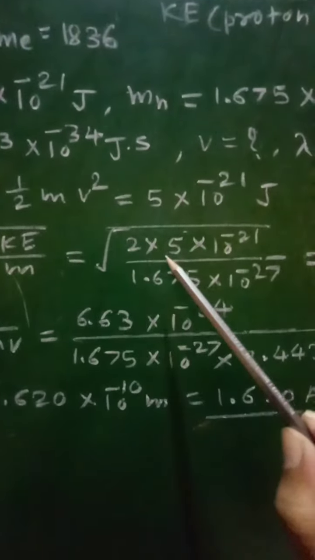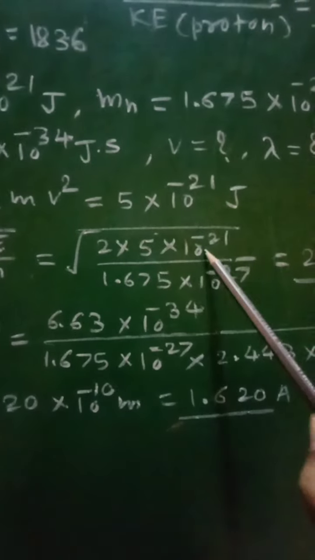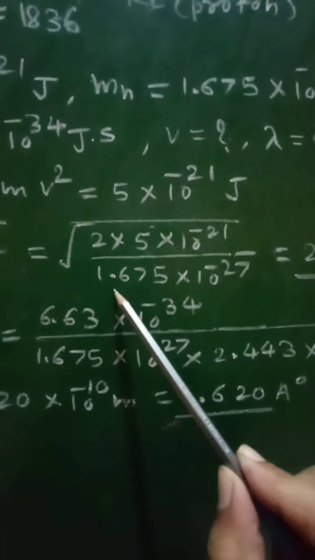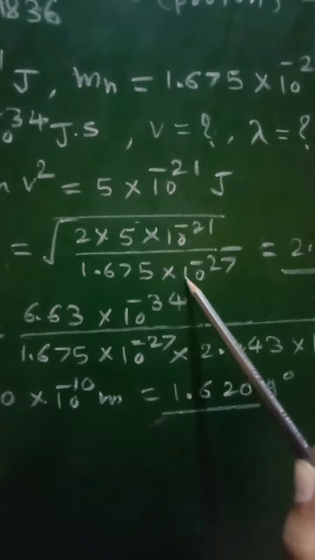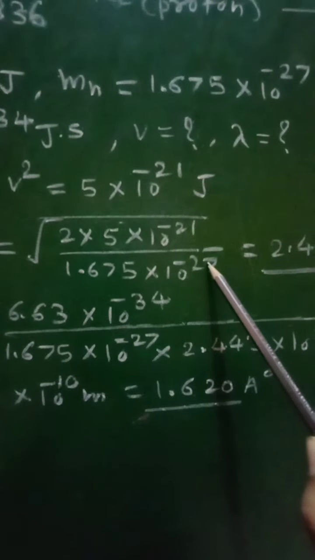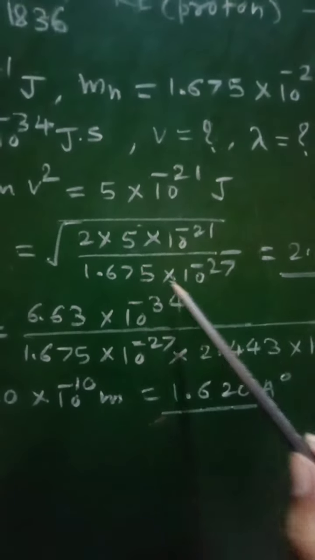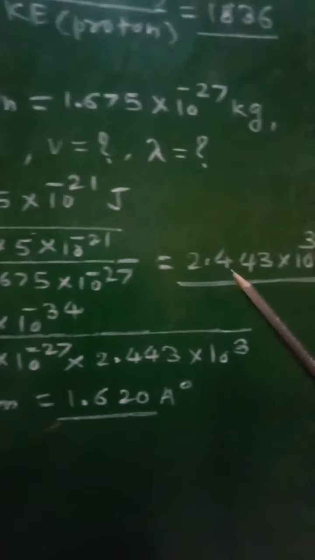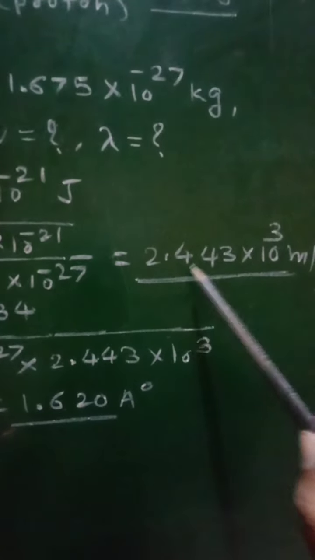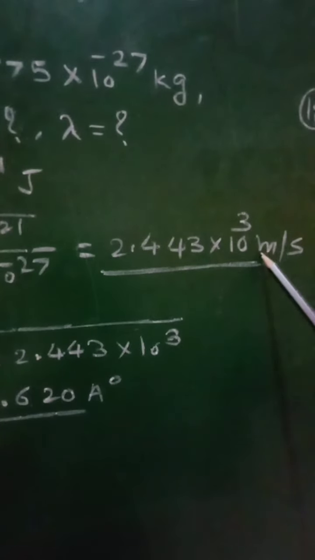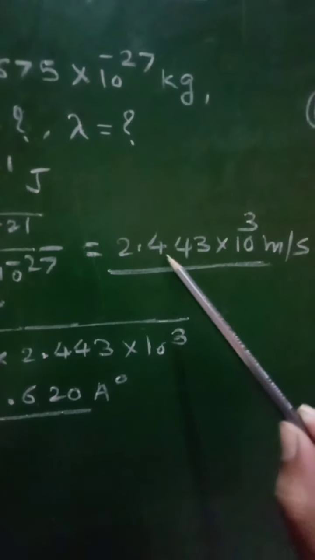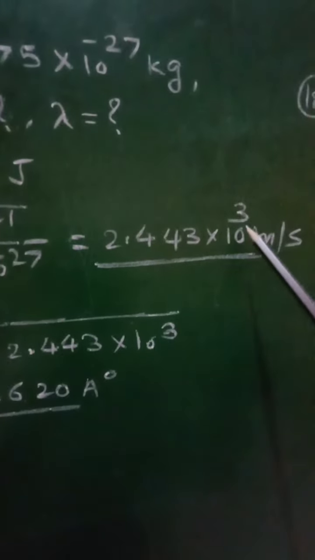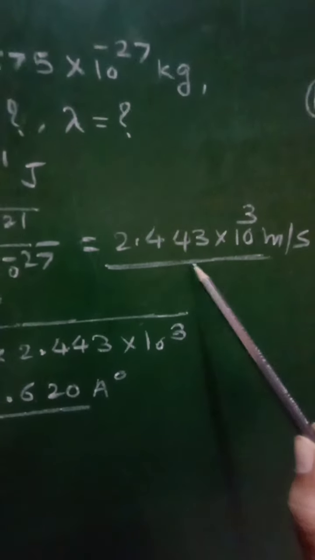That will be equal to 2 into 5 into 10 raised to minus 21 upon 1.675 into 10 raised to minus 27. If we find the square root of this ratio, it comes out to be 2.443 into 10 raised to 3 meter per second, which is the required speed.